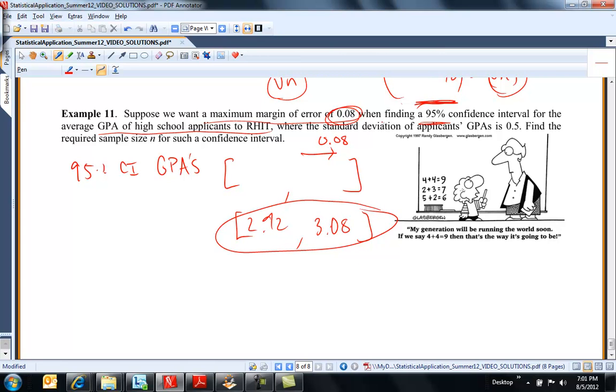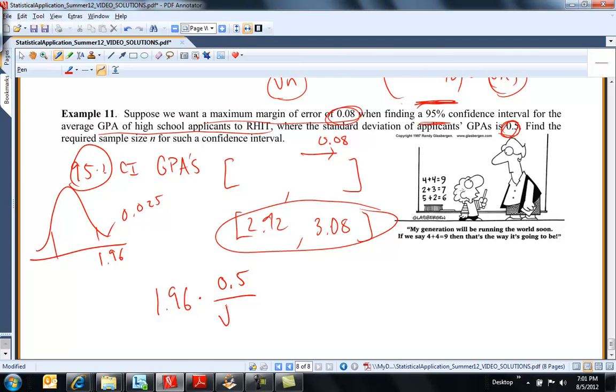Okay, so a 95% confidence interval where the standard deviation is 0.5. Find the required sample size. 95% leaves 0.025 in the tail. That's 1.96. So 1.96 times 0.5 divided by square root of n.